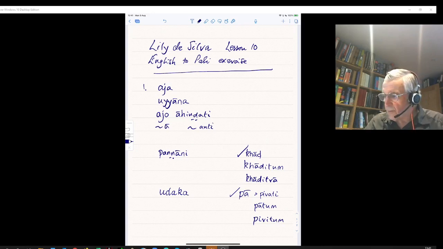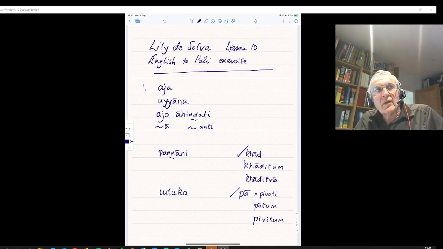So, to drink water, the two ways of saying it, the two different forms of the infinitive from the root pa. So to drink water is udakam patum or udakam pivitum.